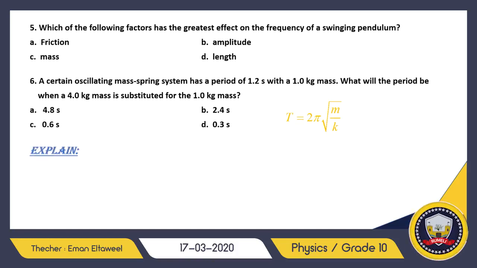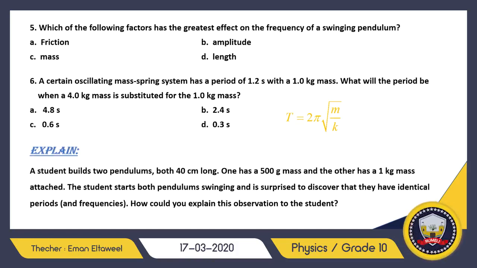Another question. Explain. A student builds 2 pendulums, both 40 centimeters long, the same length. One has a 500 gram mass, meaning 0.5 kilogram, and the other has a 1 kilogram mass attached. Different masses, but the same length.